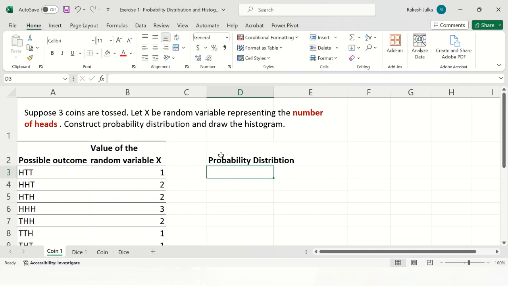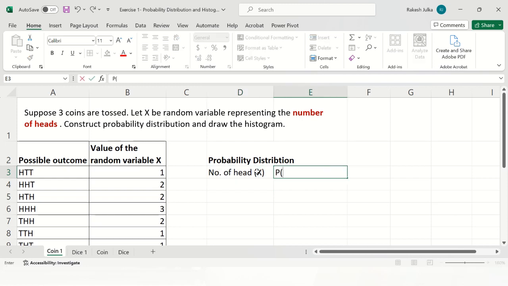Okay, so now I'm going to create a probability distribution. I'm writing, for example, number of heads, which we will represent as x, and here I'll write the probability of x.